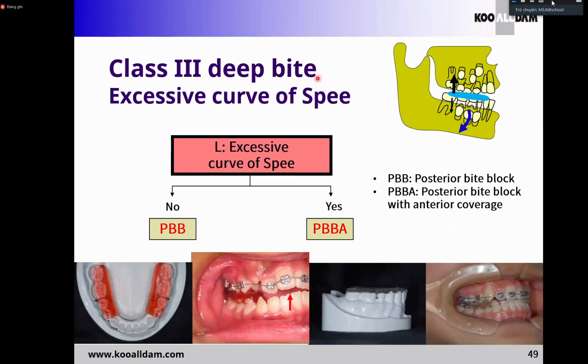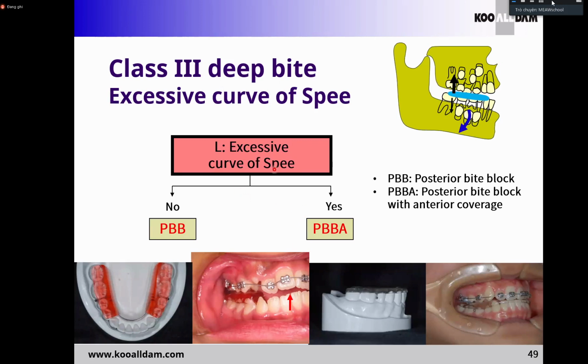So in class 3 deep bite, especially with the excessive curve of Spee in the lower arch, what happened when you use PBB in the lower arch? The worsening over eruption of the lower incisor.